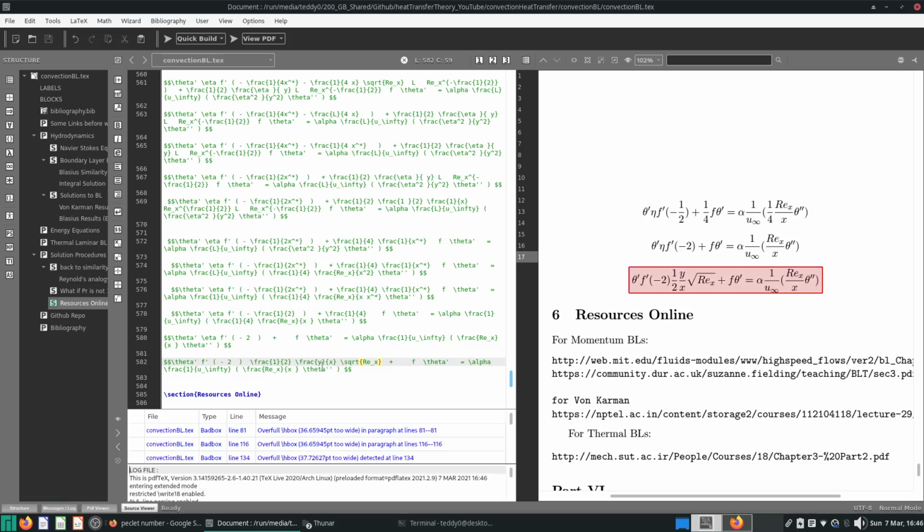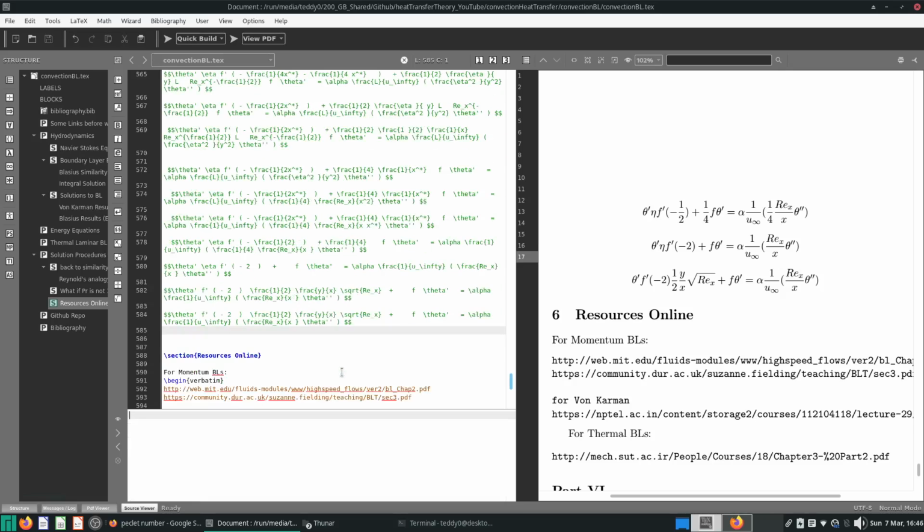It's mostly done. I'll just have minus half over here, or this whole thing will just be a minus half, minus 1 over 2 theta prime f prime, all of that.